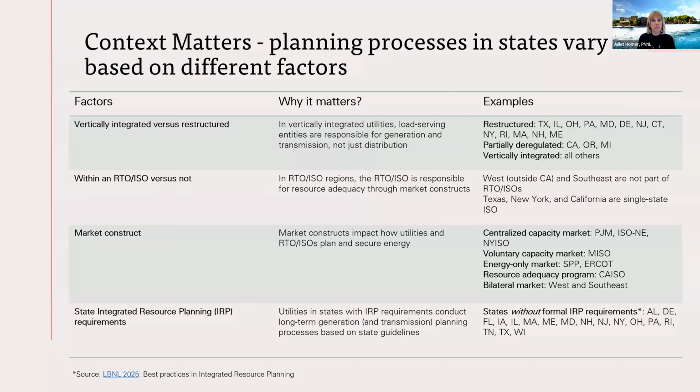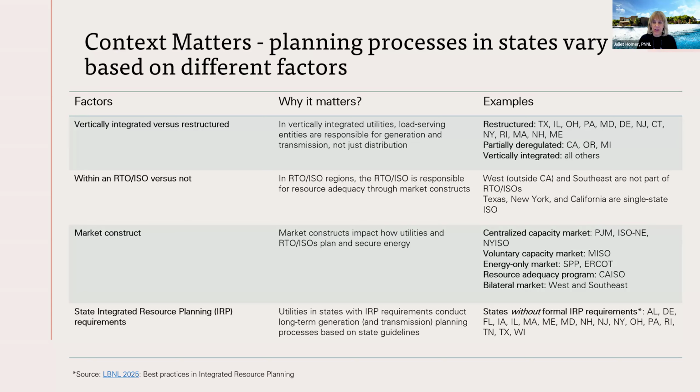So context matters when it comes to planning processes. There are a lot of different contexts that utilities operate within, and that states must consider when they think about the types of grid planning that they can be involved with. Well, what are some of the factors that influence the types of planning processes that states need to be aware of? Well, first is whether a state or a utility is vertically integrated versus restructured.